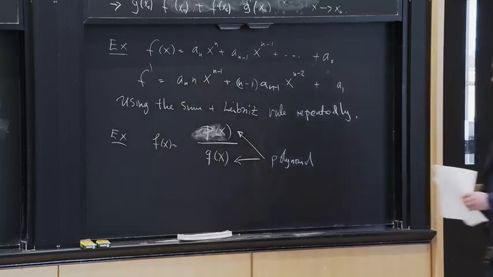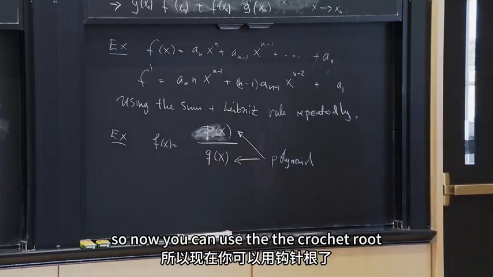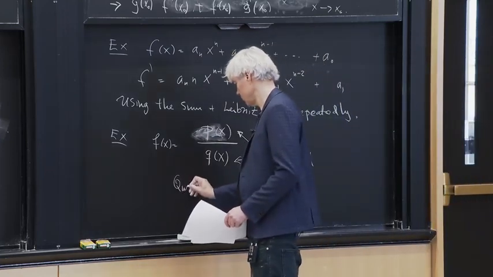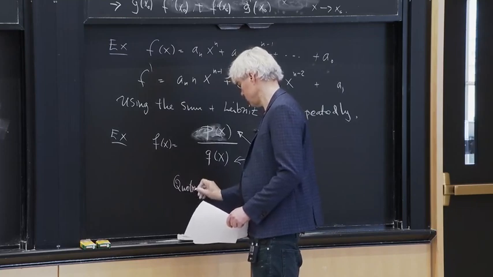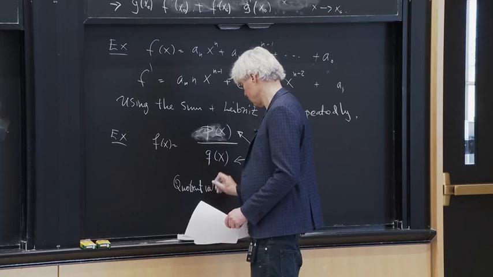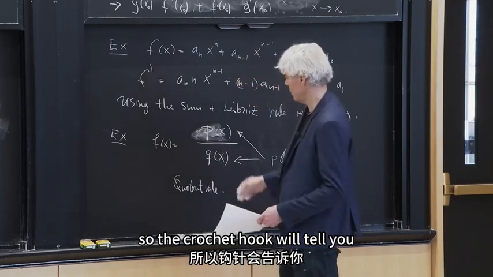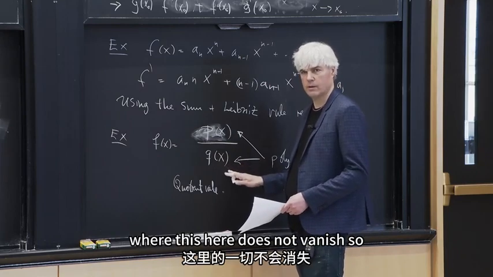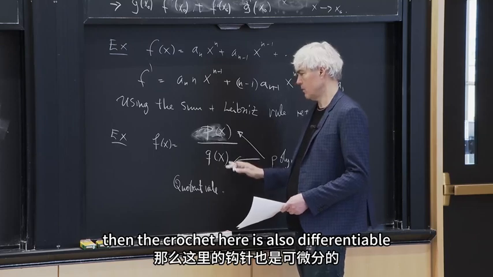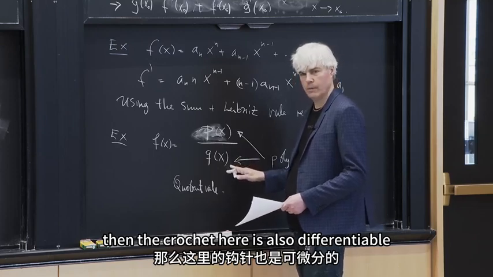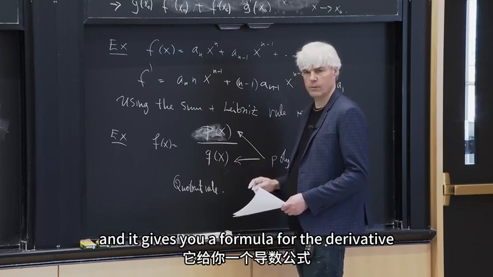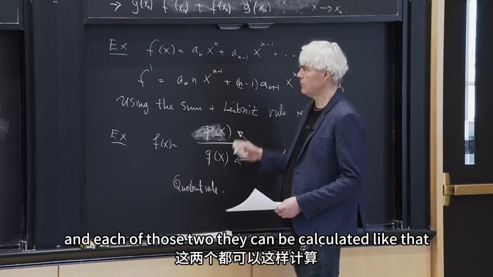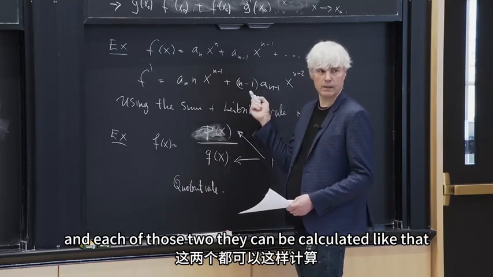Now you can use the quotient rule. The quotient rule will tell you that as long as you are looking at a point where q does not vanish, the quotient is also differentiable, and it gives you a formula for the derivative in terms of the derivative of each of these two. And each of those two can be calculated like that.